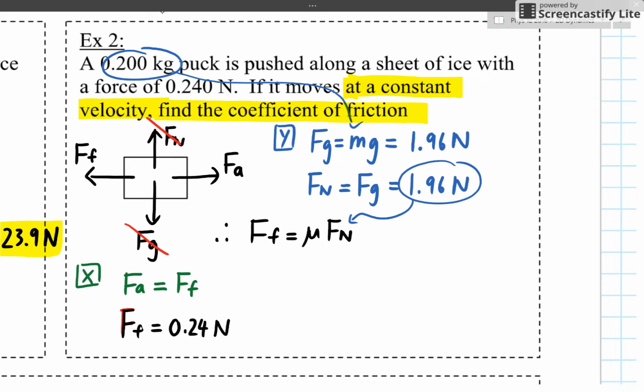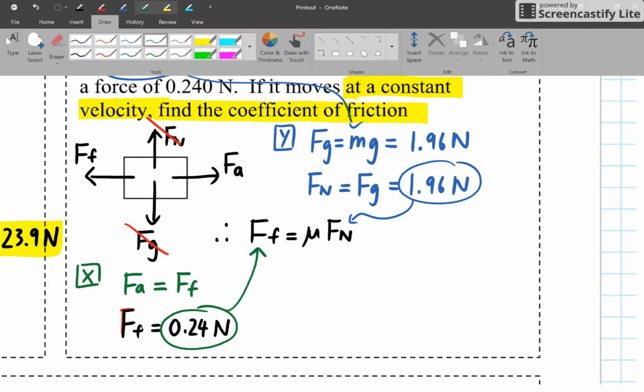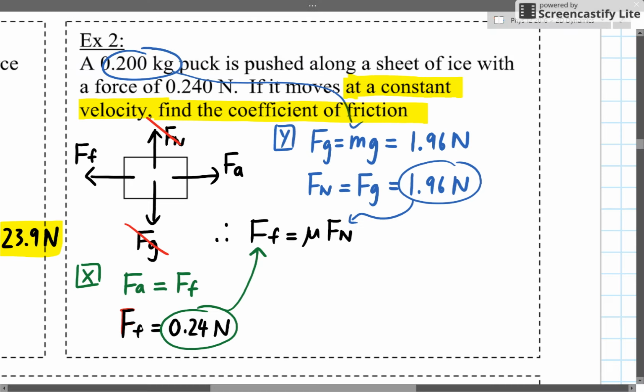Wait a second, but now we have this thing. So we suddenly have friction, which you can put in here. And we have normal force. So now looking for mu is no longer a big problem. So solving for mu, mu is going to be friction divided by normal force, which in this case will just be 0.24 divided by 1.96.